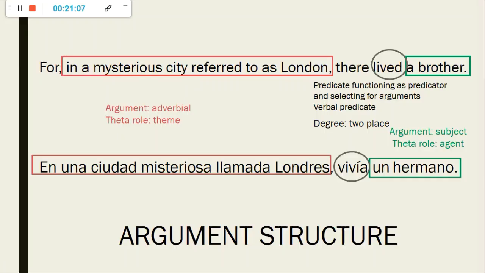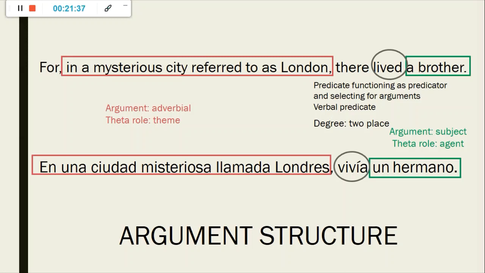So, again, after analyzing the syntax and the structure, we have to state if there is correspondence or not between the languages. And we see that we have the same example. We see correspondence as regards argument structure because we have a verbal predicate selecting for two arguments.